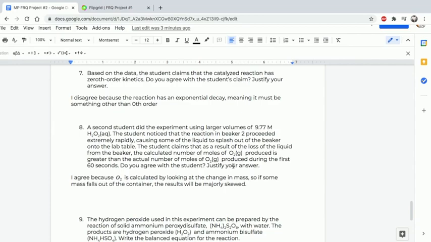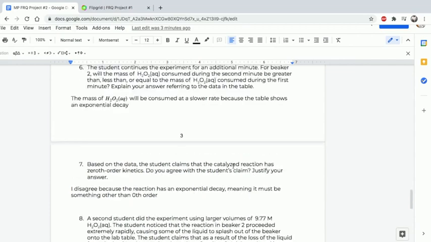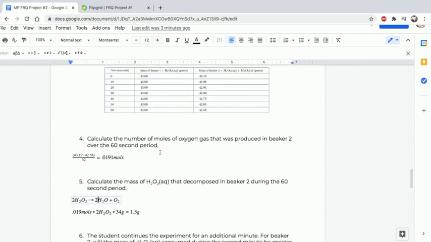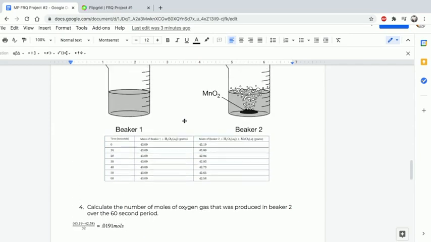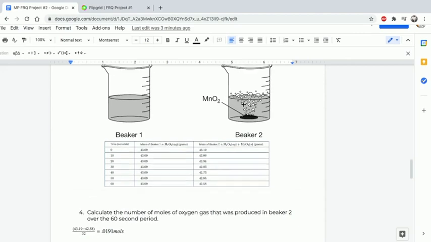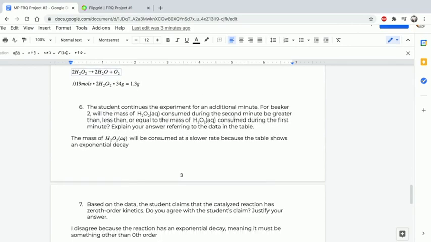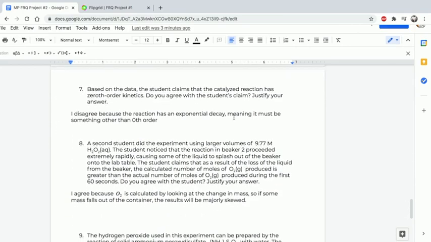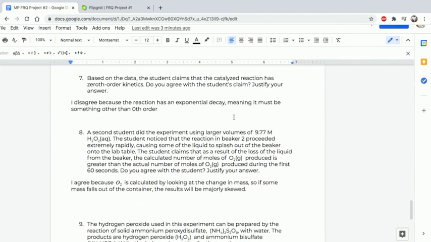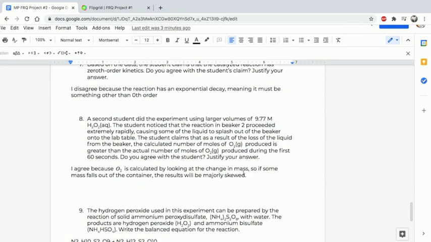I said yes, because, as we did in one of the above problems, oxygen is calculated by looking at how much mass is gone from beaker 2, because it's a gas. If we remove some of this liquid, that would interfere with calculating how much oxygen was created, so the answer would be very different and inaccurate. So that's question 8.